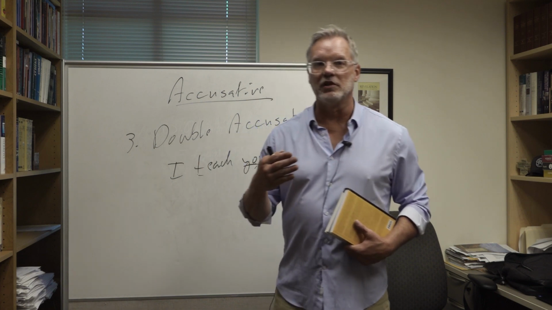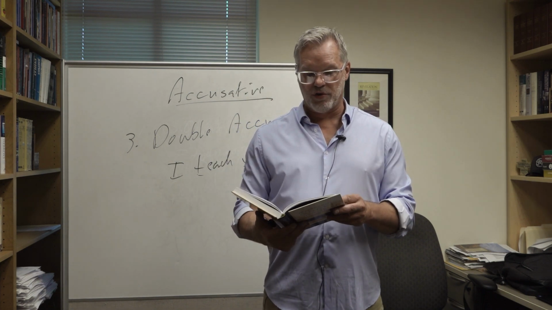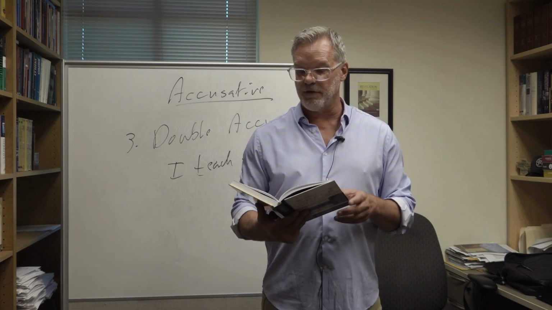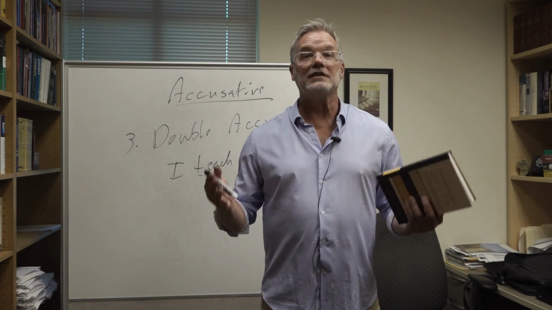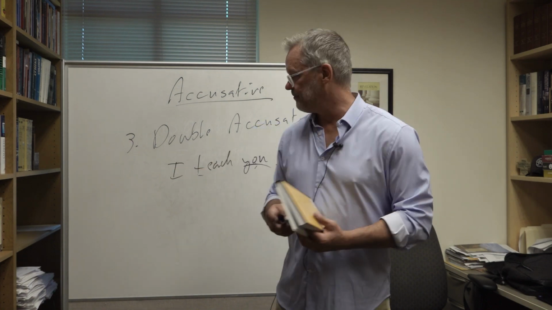If you look further at this grammar or the grammar by Dan Wallace, it gives you a list of the kinds of verbs that tend to take two direct objects to complete them.